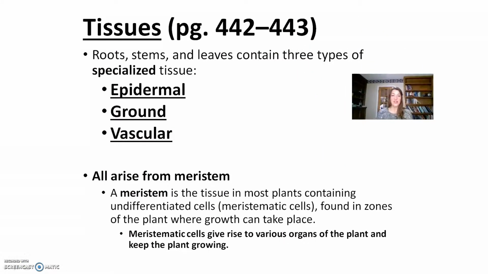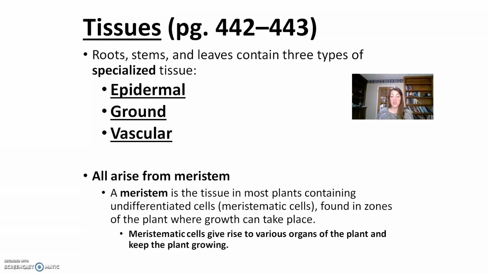Tissues. We have the roots, the stems, and the leaves, which contain three types of specialized tissue: the epidermal tissue, ground tissue, and vascular tissue. Now, all of these tissues, like I mentioned at the very beginning, arise from what we call meristematic tissue. Our meristem is very similar to our stem cells.